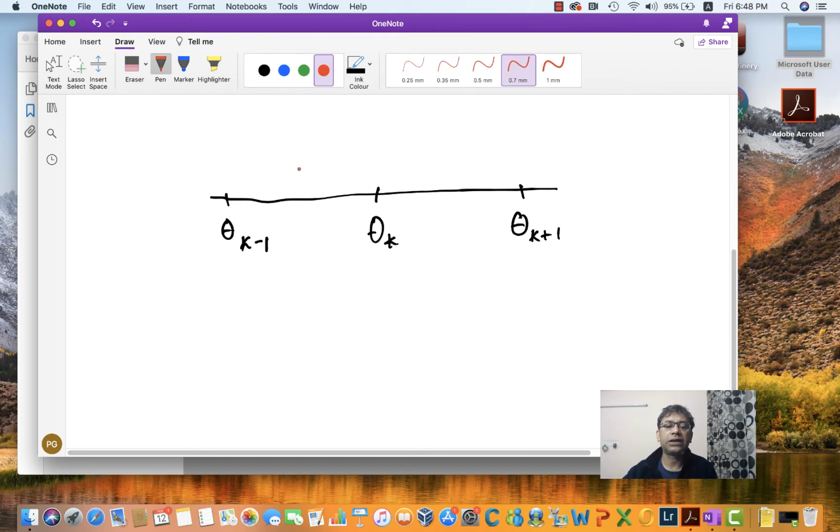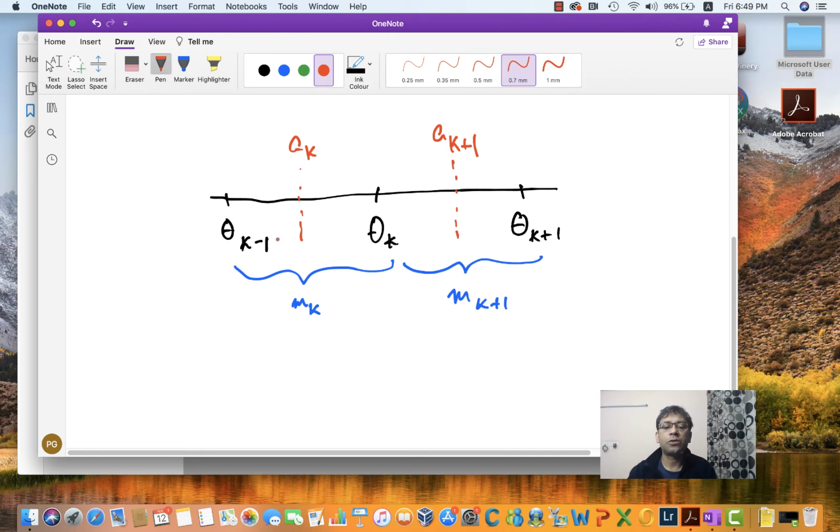So remember that if he sends the message mk, then the action chosen will be ak. And if he sends the message mk plus 1, then the action chosen will be ak plus 1.